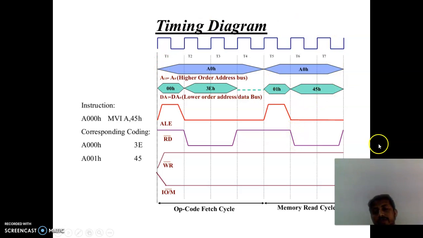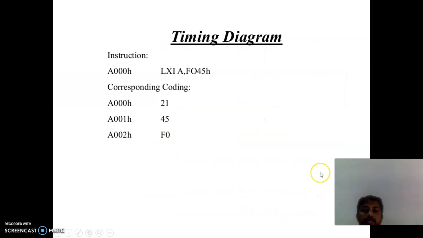Once again, we will discuss how the memory read operation works. These are the two waveforms: the opcode fetch cycle and the memory read cycle. Next, here you have a 16-bit address, again a memory read operation. After the opcode fetch, the memory read gives the first value and the second value.